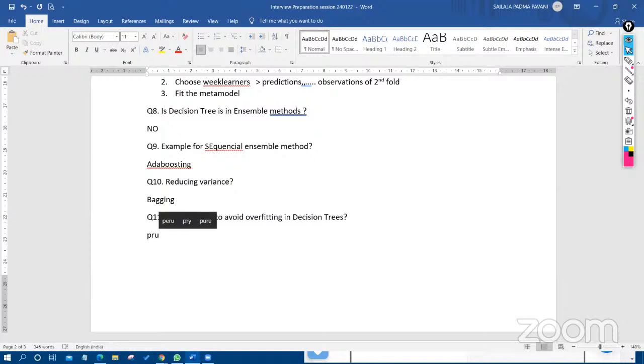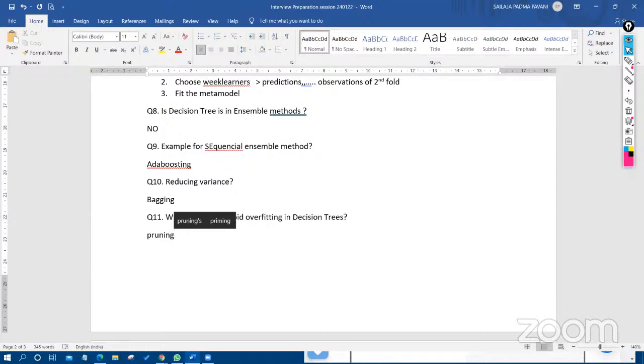What type of pruning is it? Two types of pruning, two approaches are there actually. In order to avoid overfitting, we have two approaches. First one is pre-pruning and second is post-pruning, right?